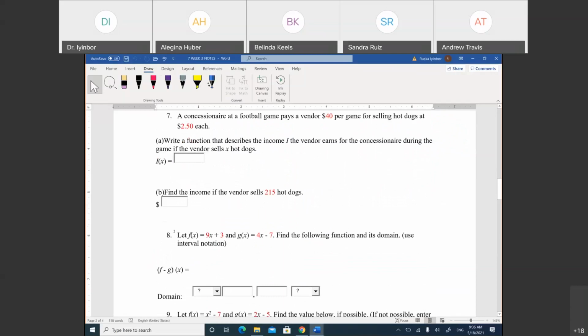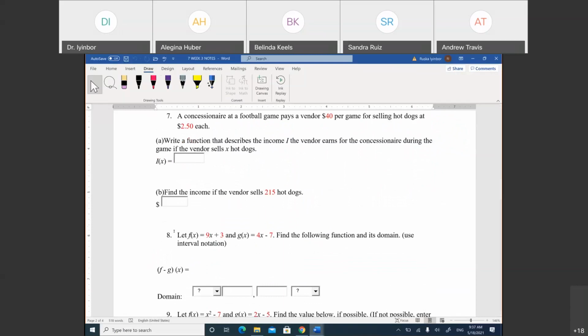Okay, going to number 7. And number 7 is a word problem, and we have to read it to see what it is. A concessionaire at a football game pays a vendor $40 per game for selling hot dogs at $2.50 each.